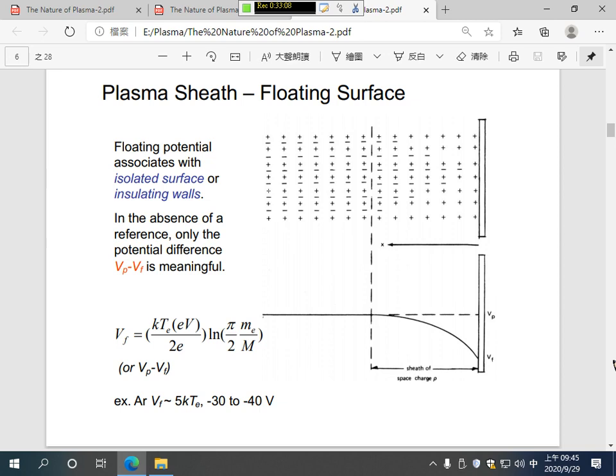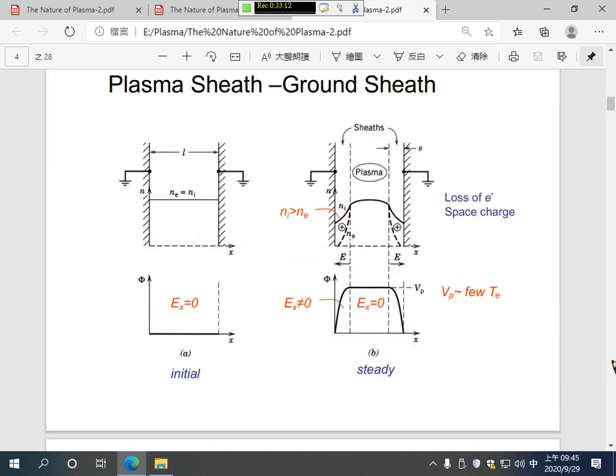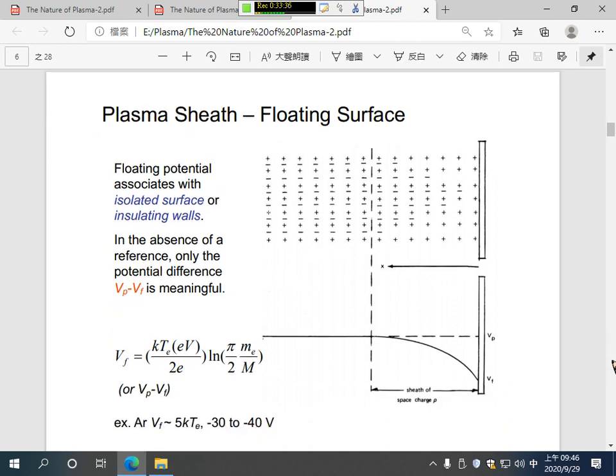In the first sheath, we place a metal plate, and the metal plate is grounded. So the sheath formed between the metal plate and the main volume of plasma is named ground sheath. And the second sheath is the floating sheath.